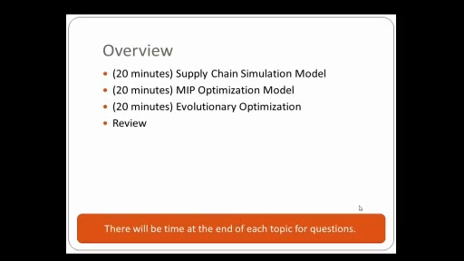And then in the last 20 minutes, we'll look a little bit at the evolutionary optimization in ExtendSim, the block that's found in the Value library. So that's how we'll divide our time up, about a third to each of the topics. After each of the topics, I'll give you time to explore questions on that topic. But we will start with the supply chain model first.